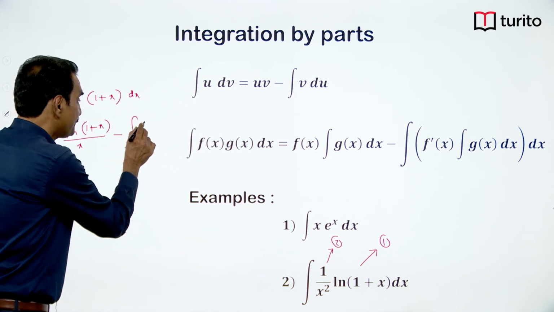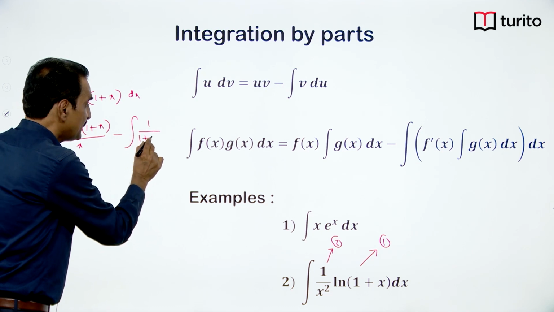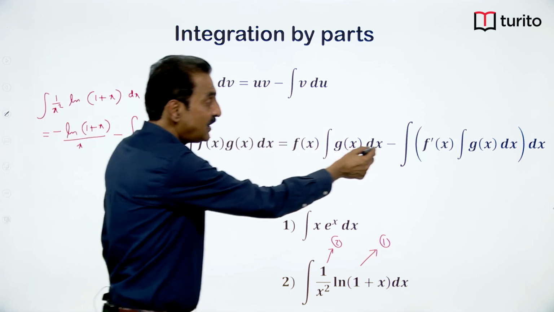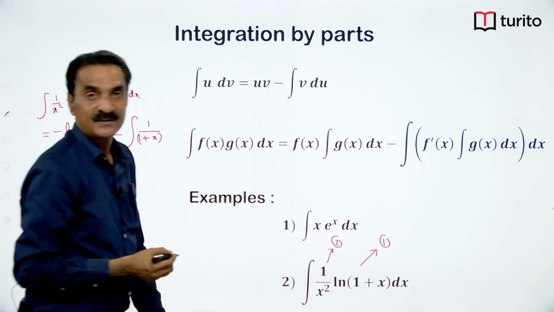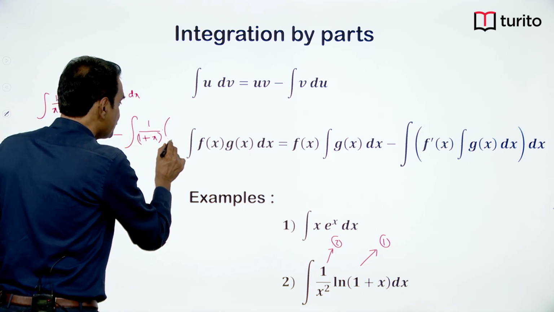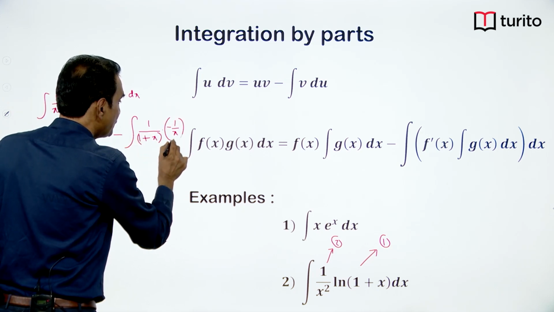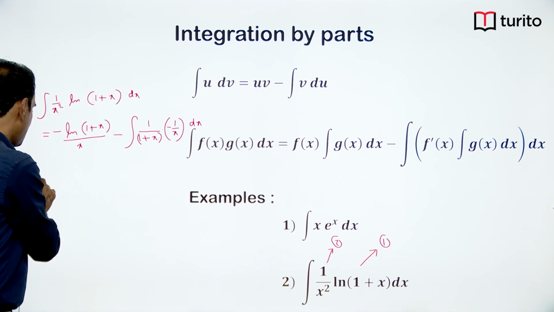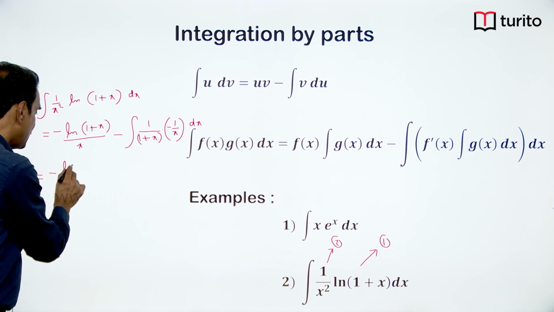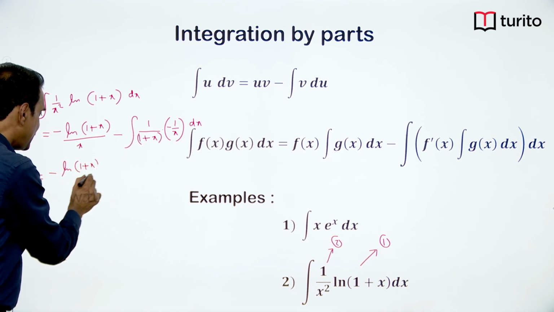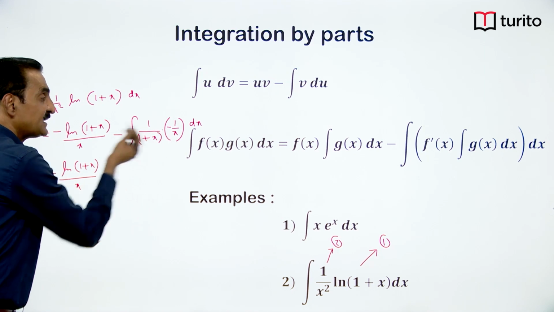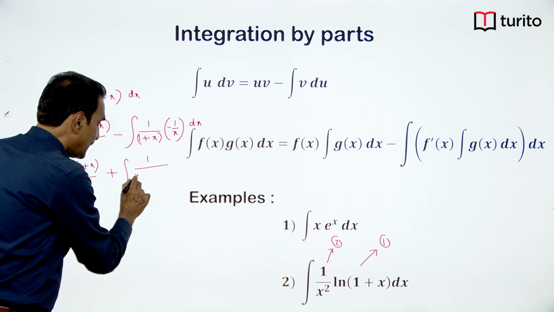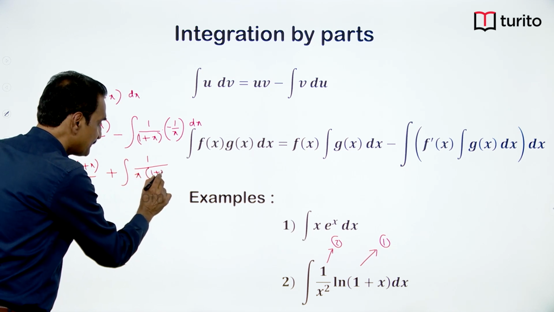Its derivative is 1 by 1 plus x, into integral of the second function. Integral 1 by x square is minus 1 by x dx. Now, first term as it is, minus ln 1 plus x by x, minus of minus is plus, integral 1 by x into 1 plus x.